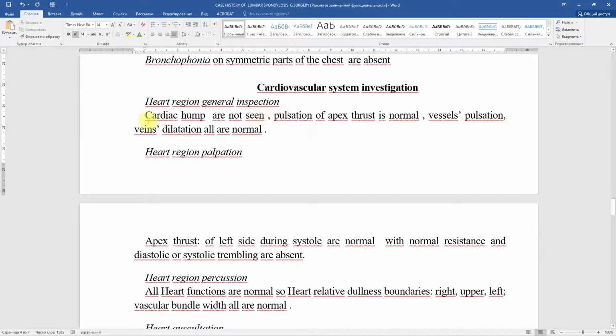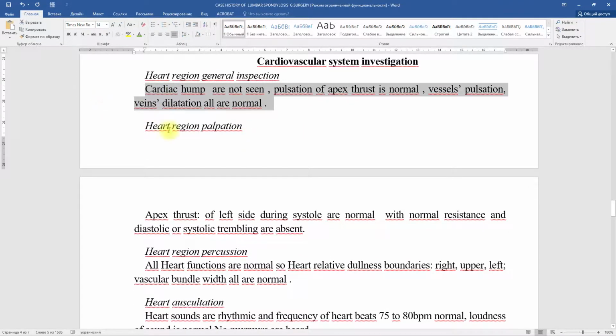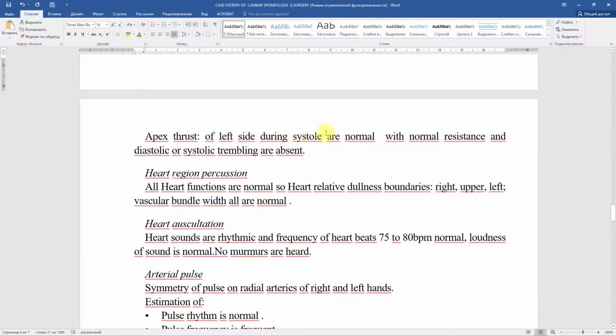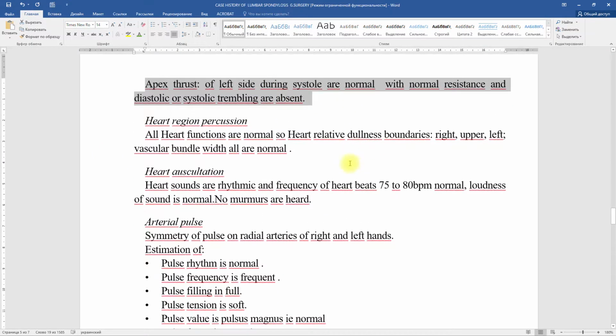Cardiac hump not seen, yes, this is a part of examination. Pulsation of apex, yes. This is also a very good sentence.